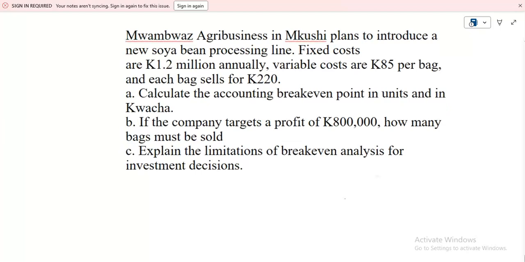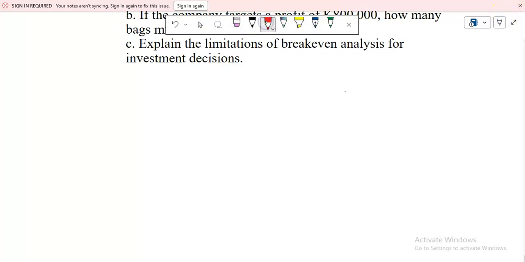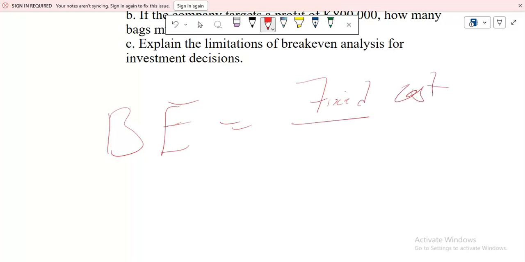We know that there is a formula for break-even point, isn't it? So I am going to denote break-even by BE, which is equal to fixed cost divided by contribution.